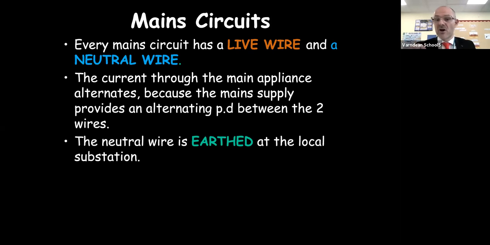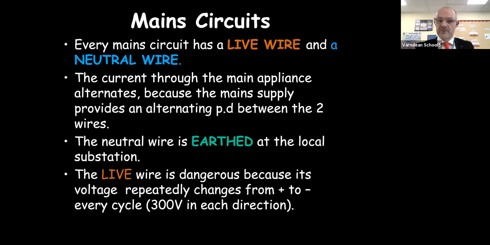The neutral wire is earthed at the local substation. So the neutral wire has got an earth, where the electricity is coming to the building, but the live wire is the dangerous one because its voltage or potential difference constantly changes from a positive 300 to a minus 300 in each direction.